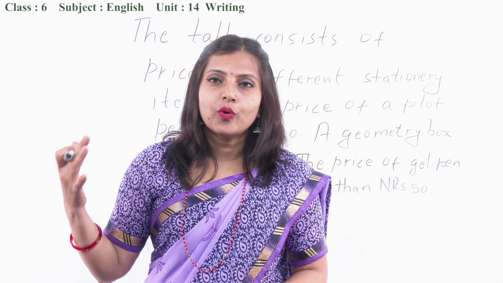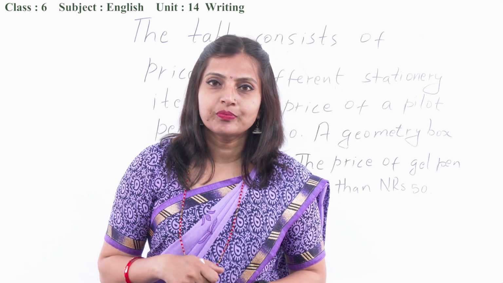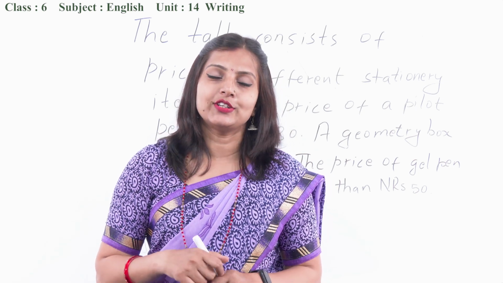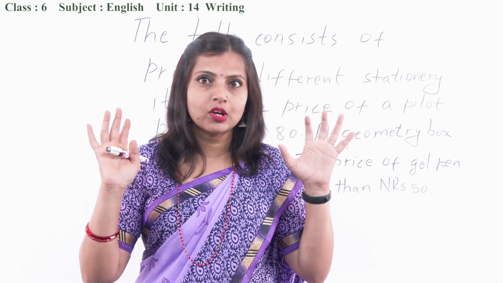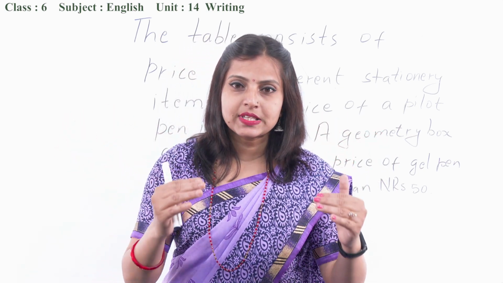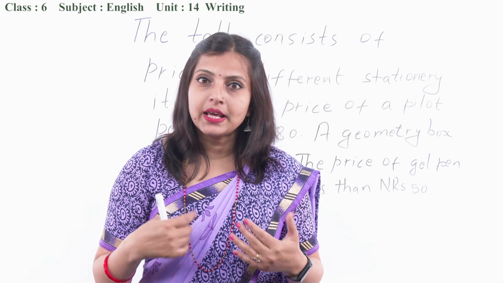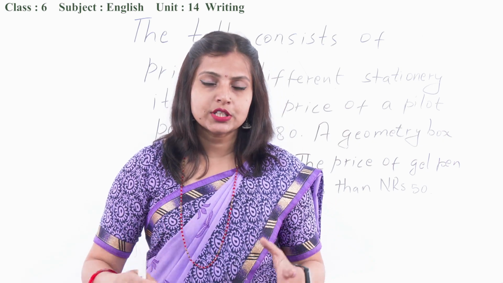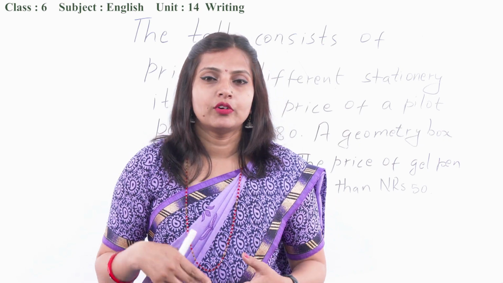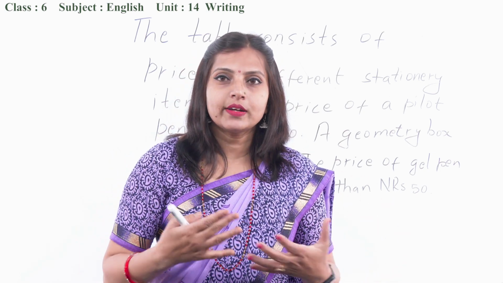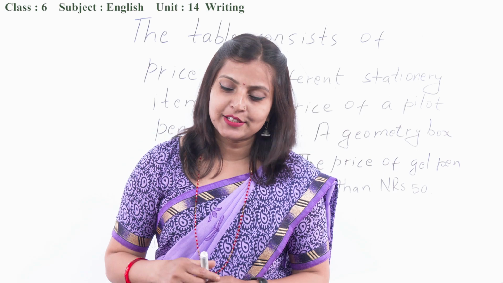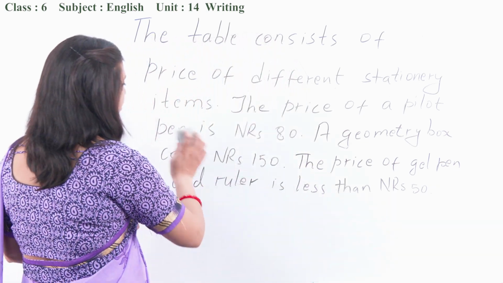Now, what about the second paragraph? Yes, good. There we have to make the comparison. Now we need to think critically. We have to see the prices and make calculations. Which is the most expensive, which is the cheapest one, what costs more, what costs less. Alright? So let's do it.